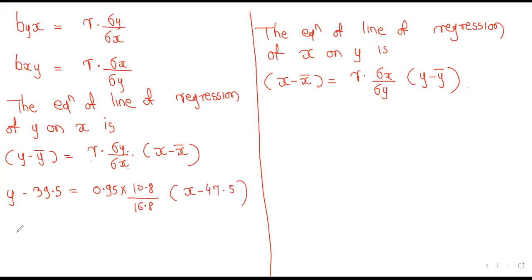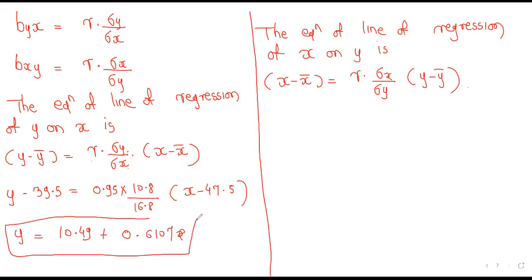So after simplification, y is equal to 10.49 plus 0.6107x. This is the equation of line of regression of y on x.